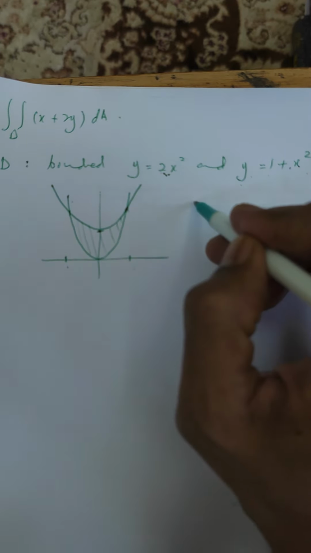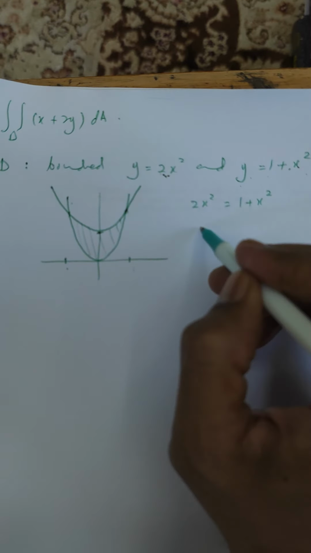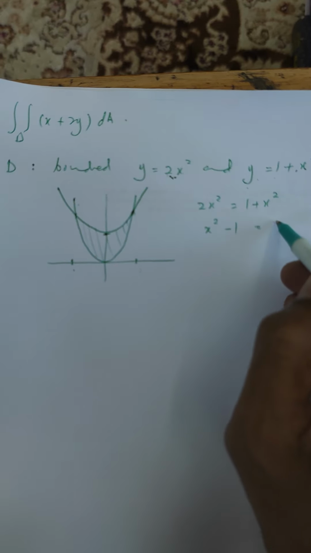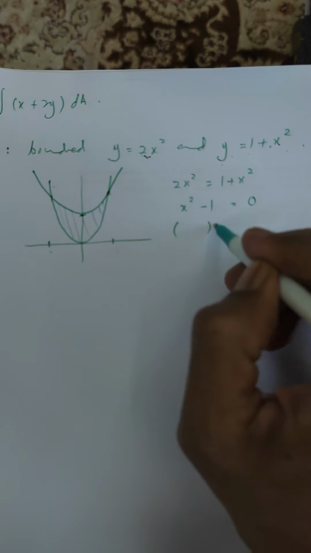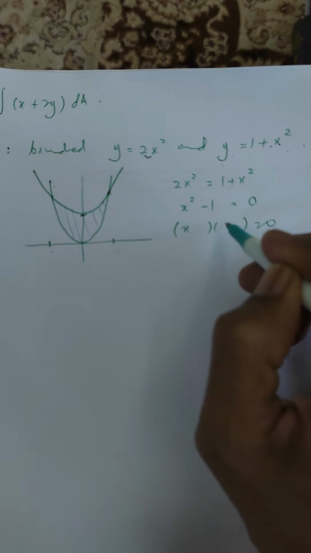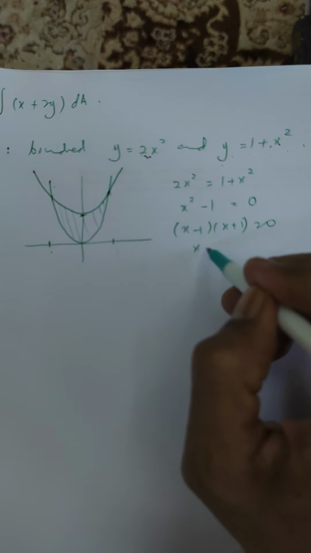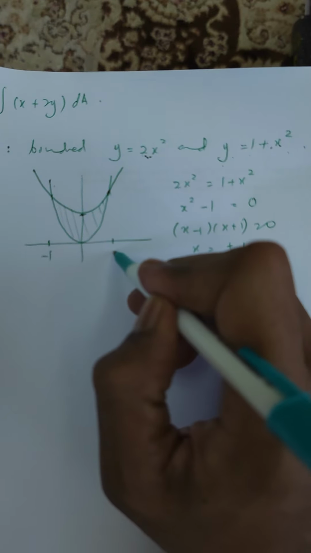You have 2x squared equal to 1 plus x squared, so you have x squared minus 1 equal to 0, correct? So you have x minus 1 times x plus 1, that gives you x equal to plus or minus 1, so you have minus 1 and 1.